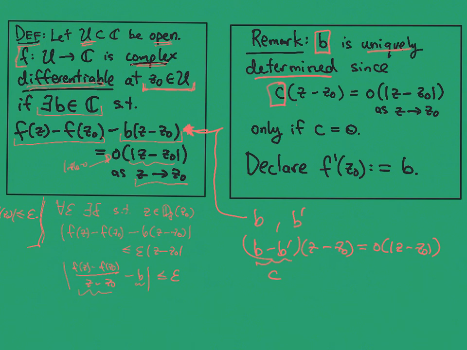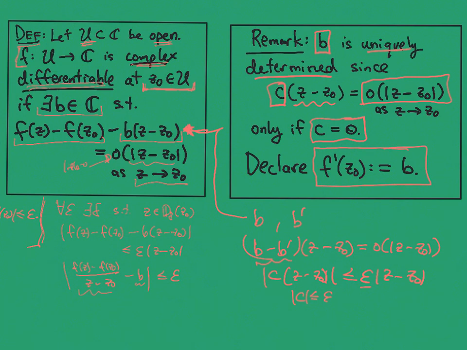And to have a constant times z minus z0 to be little o of z minus z0, that's only possible if c is 0, because I can't bound c times z minus z naught by epsilon times z minus z naught unless c is less than epsilon for all epsilon. So since b is unique, we can declare the complex derivative of f at z naught to be this constant.